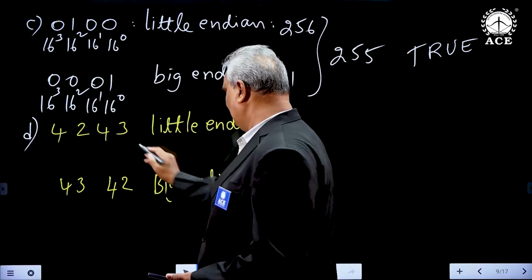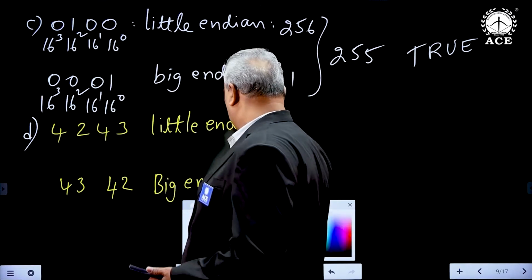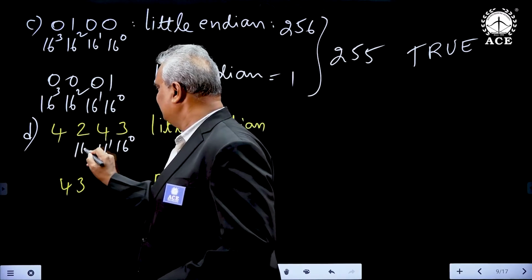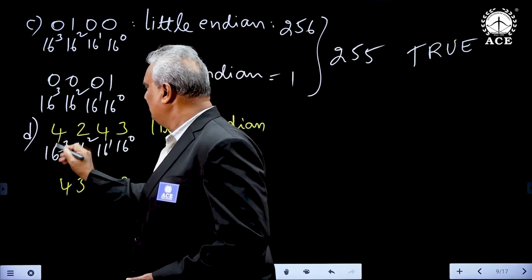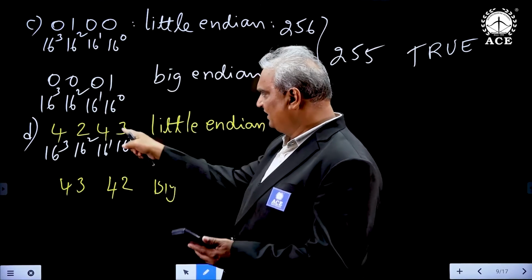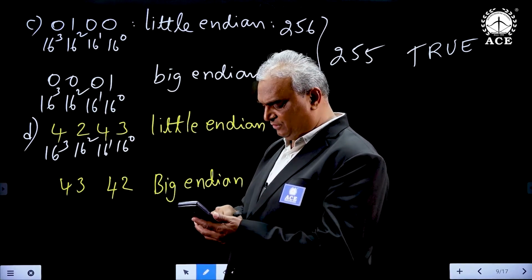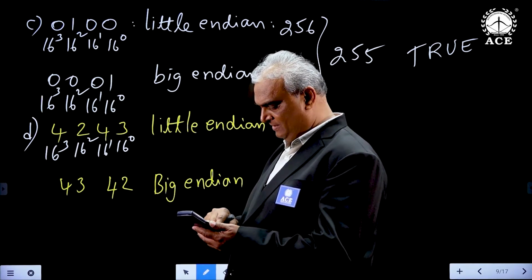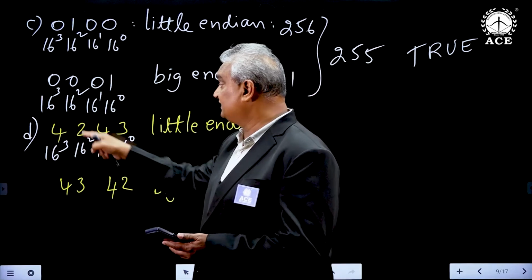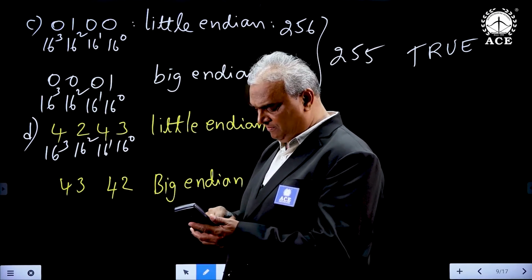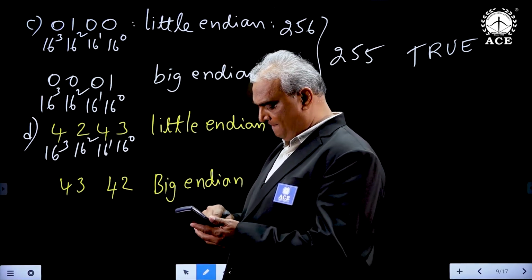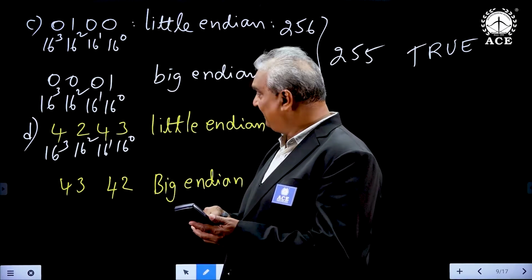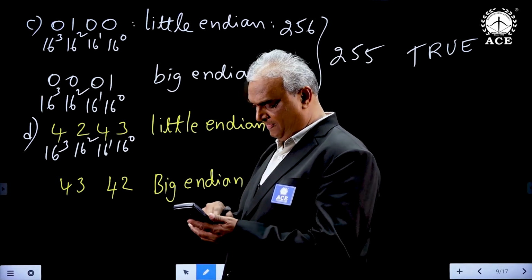For that, what about this? 16 power 0, 16 power 1, 16 square, 16 cube. What about the numerical value for the same? 16 cube means 4096 into 4, plus 16 square means 256, 2 is 512, plus 16 into 4 is 64, plus 3.